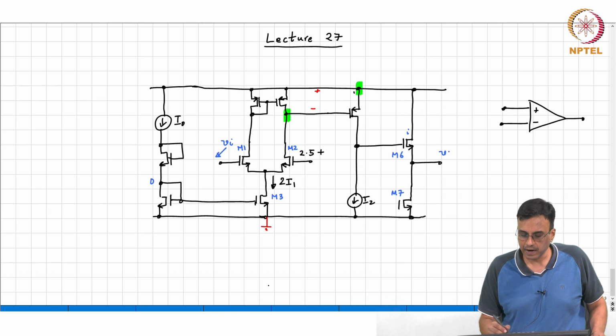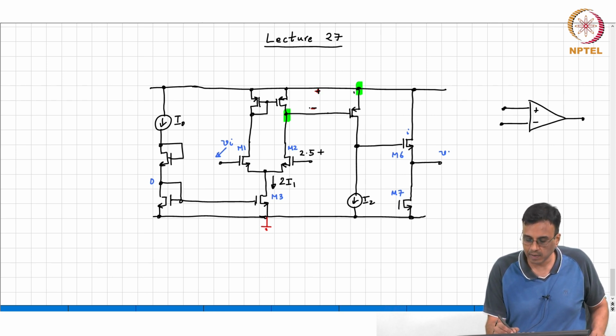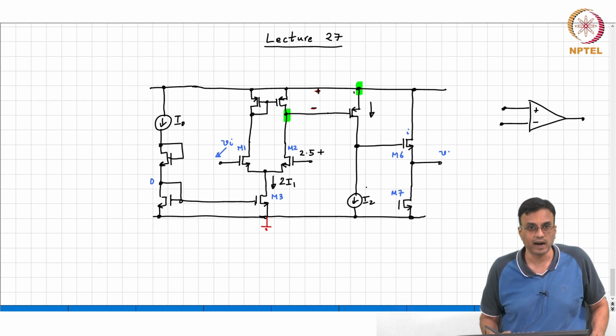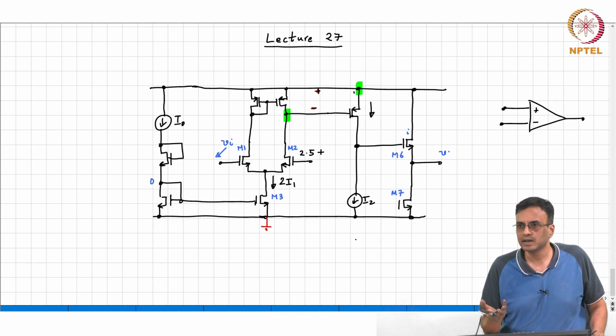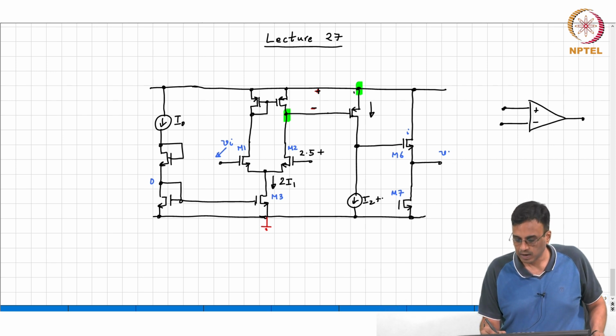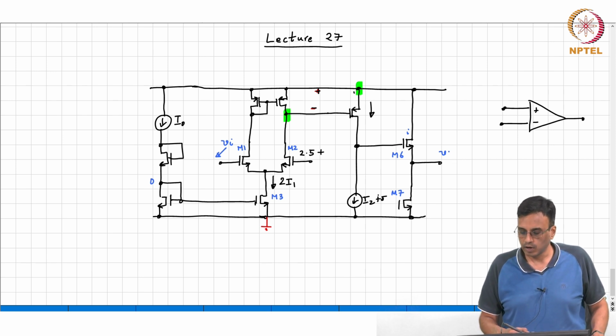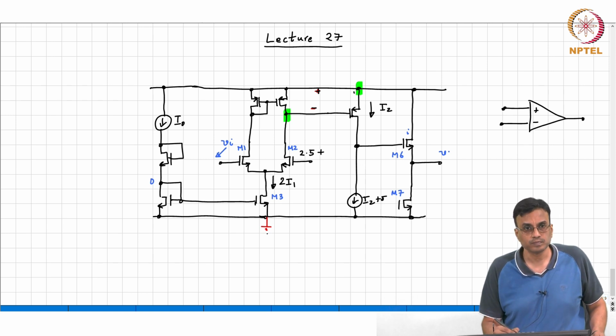Let us assume that somehow this voltage is developed such that this current equals I2. In reality, you can never get exactly I2, or even with temperature, maybe I2 changes a little bit. If the amplifier is operating open loop, this current remains I2.